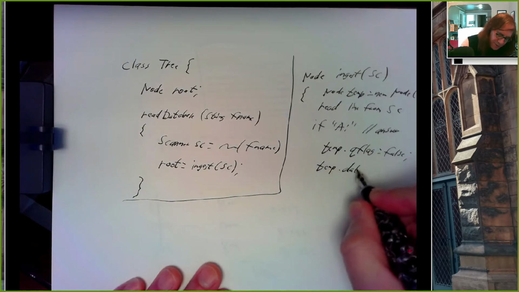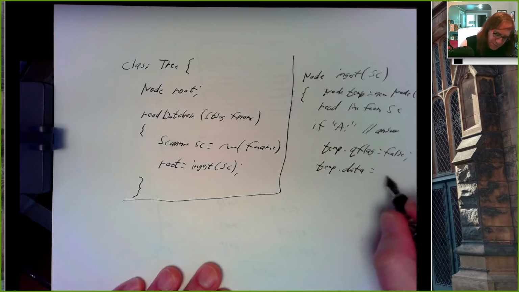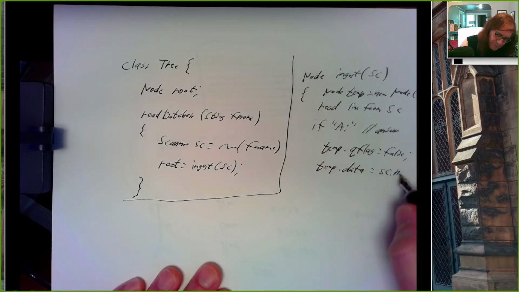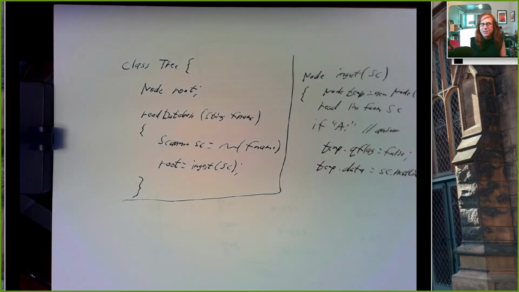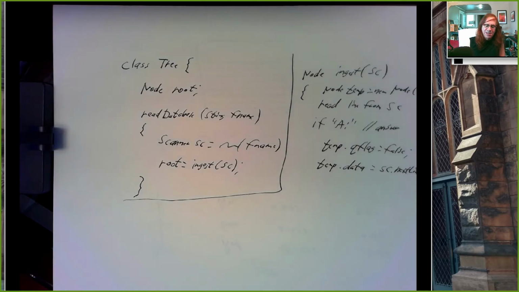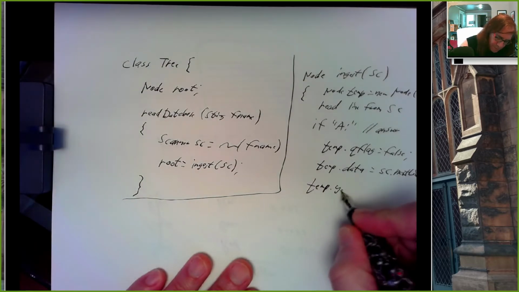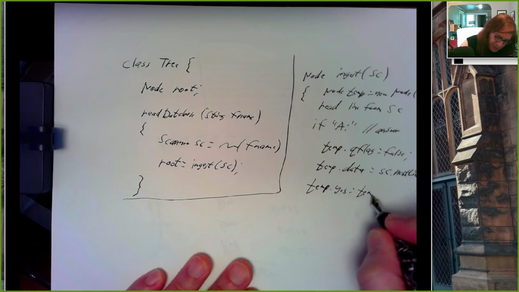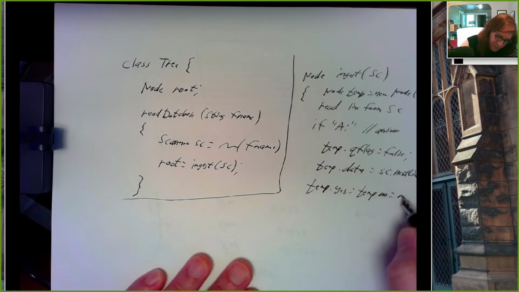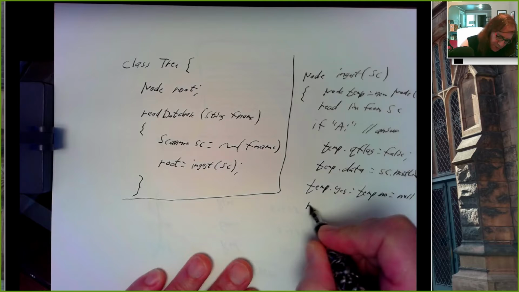Whatever you call your string can just be the next line of your scanner. So read the next line, set that to the data, and then set the children to null and return temp.